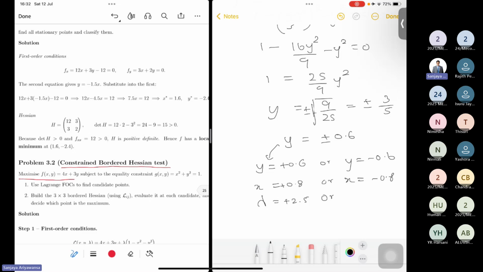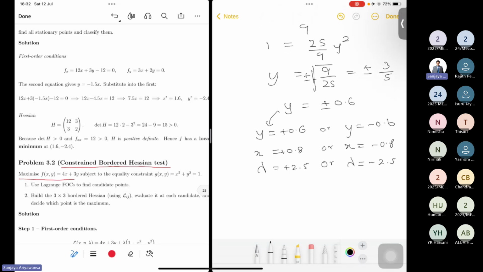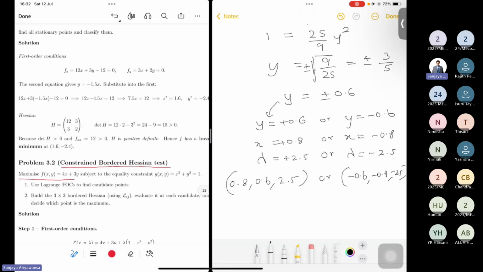Or if y is minus 0.6 and x is minus 0.8, you would get lambda as minus 2.5. Now you have several values here. So you have either 0.8, 0.6, 2.5, or minus 0.8, minus 0.6, and minus 2.5.